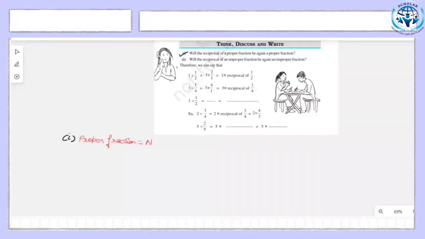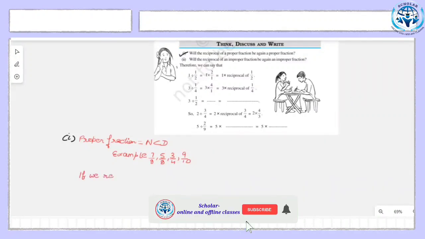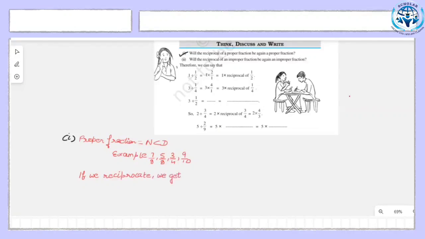Understood? Now, the solution of your exercise 2.4. A proper fraction is one where the numerator is less than the denominator. Examples: 7 by 8, 5 by 8, 3 by 4, 9 by 10, etc. If we invert these, that means the reciprocals of all these fractions are 8 by 7, 8 by 5, 4 by 3 and 10 by 9.